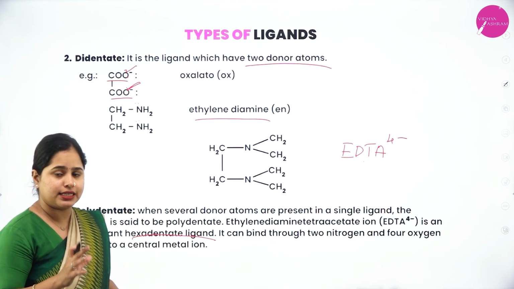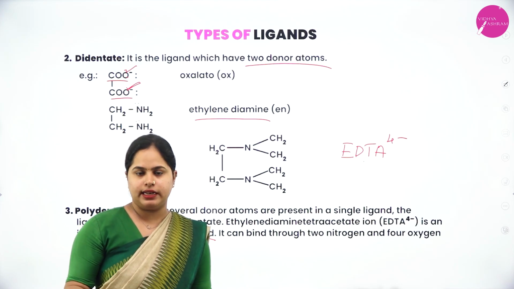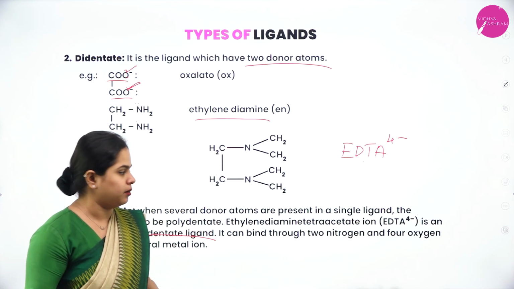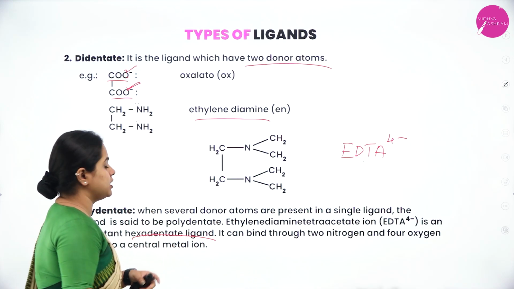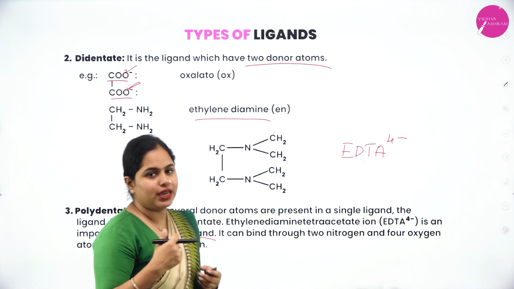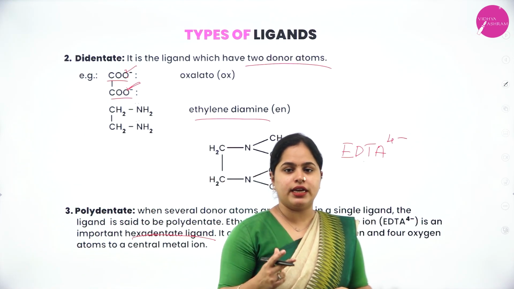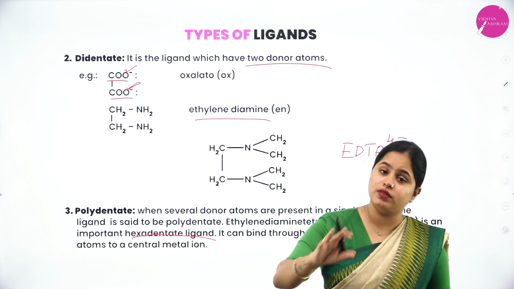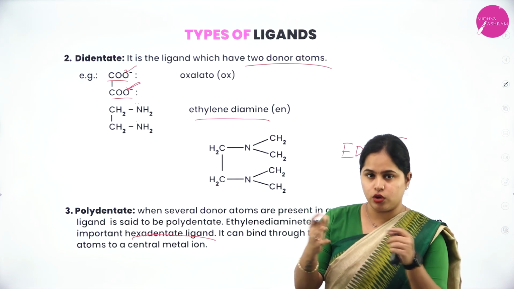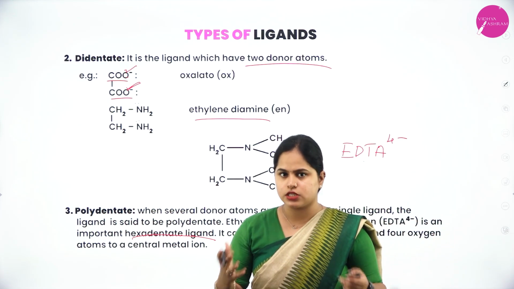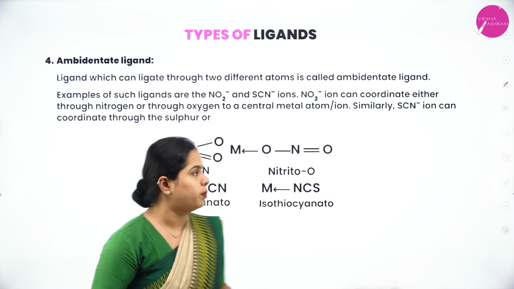It is a polydentate, to be specific, hexadentate ligand. It has 6 donor atoms. It can bind through 2 nitrogen and 4 oxygen atoms to a central metal ion. So EDTA has 2 nitrogen and 4 oxygen atoms through which it can form the bond with the central metal atom. Hence, 2 nitrogen and 4 oxygen means 6 donor atoms, right? Yes. So, I hope it is clear.